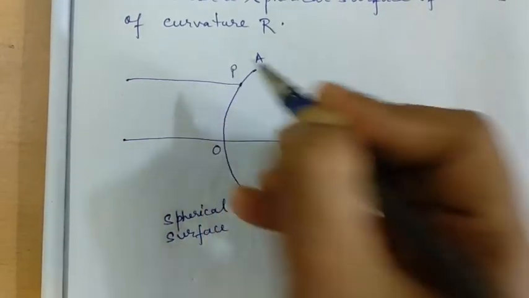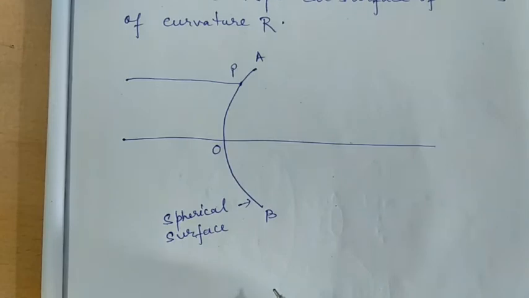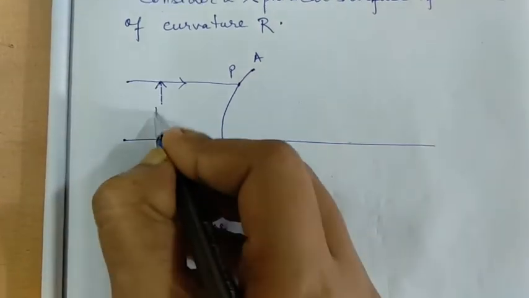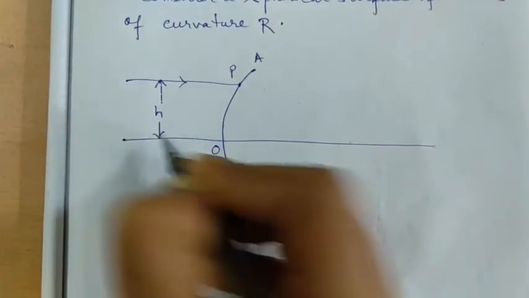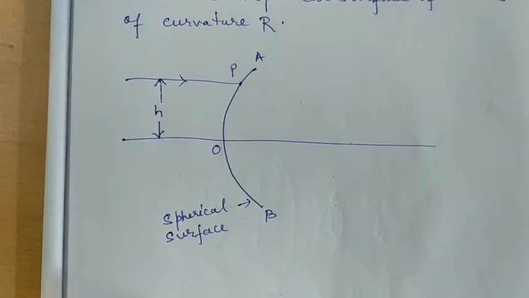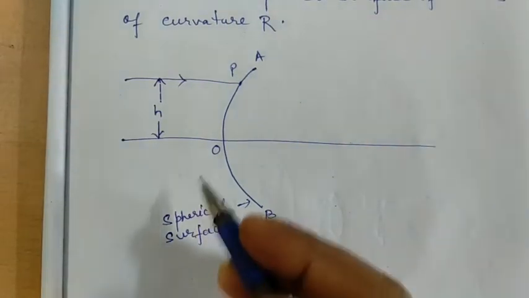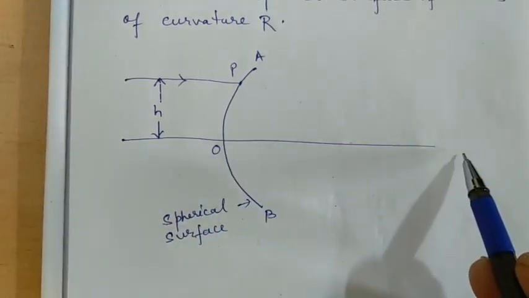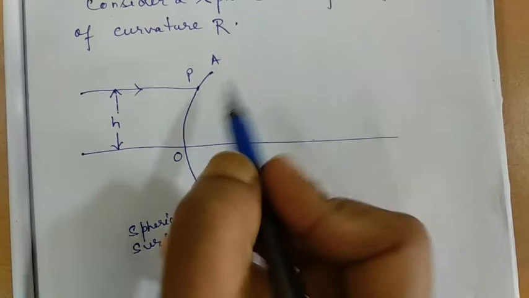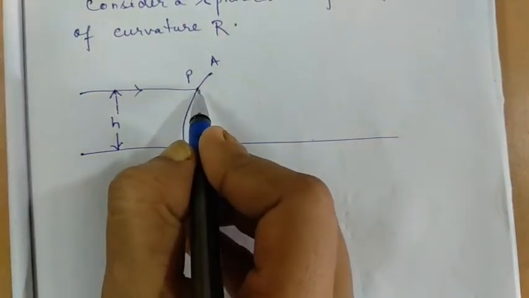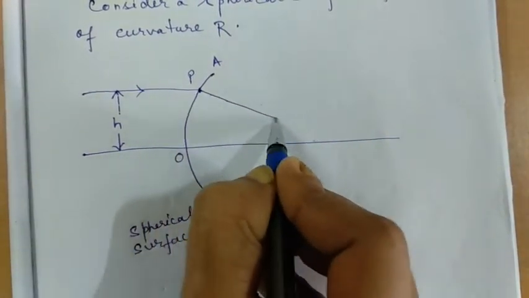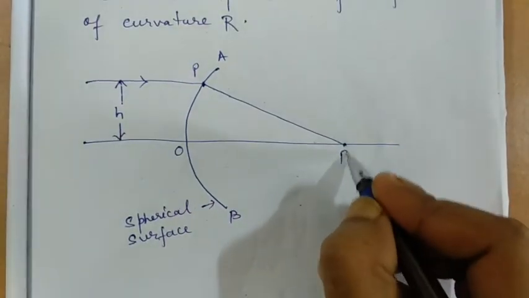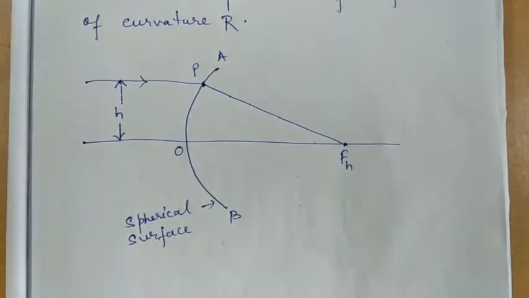So let's say this point is P, and this ray is at a height of h from the axis. Now the refracted ray meets the principal axis at a point FH after refraction. So let's say this is the focus point FH for the ray.